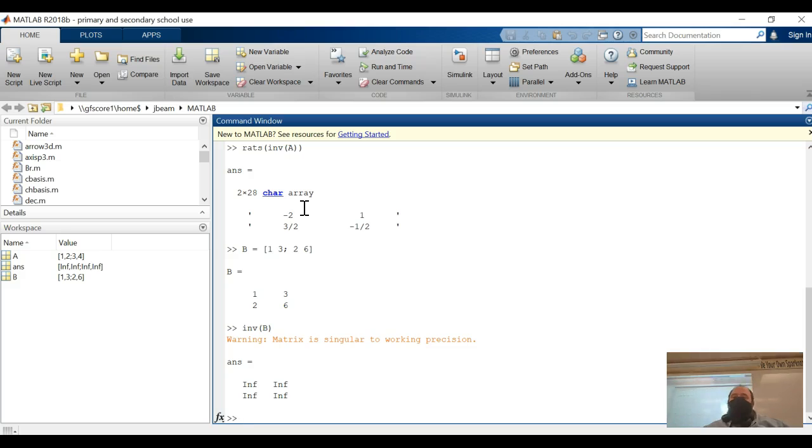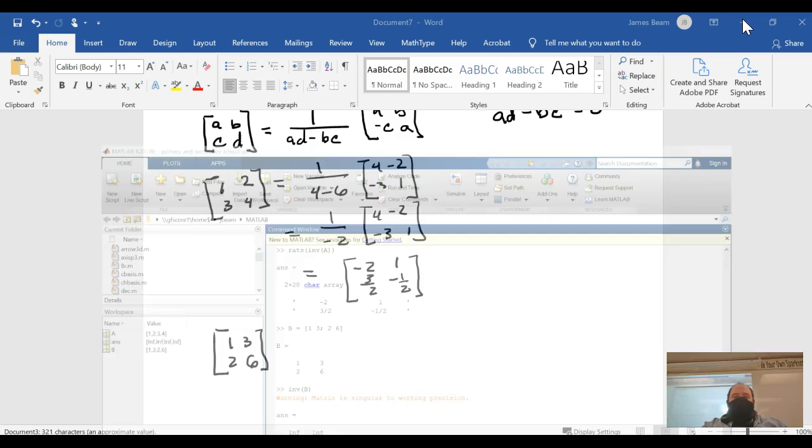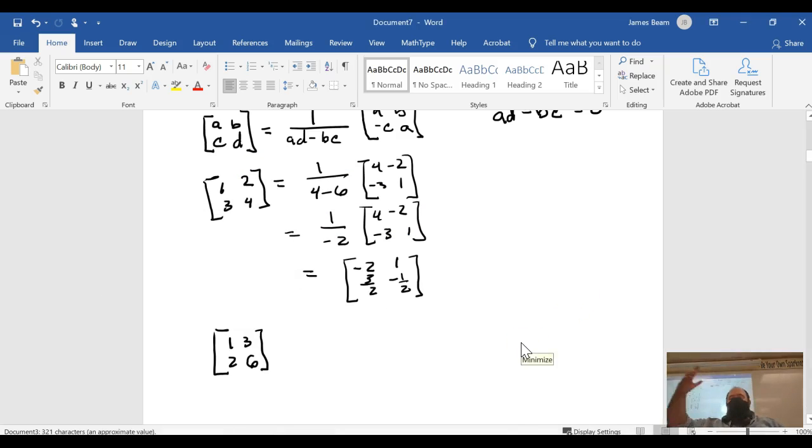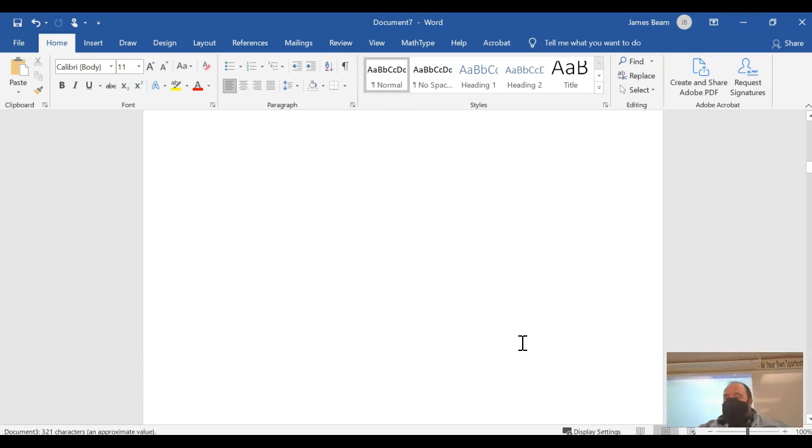Now, there's a couple of ways to work out how to find inverses of matrices beyond the second size. You could go through and do some pretty wild stuff here, like cofactor matrices.